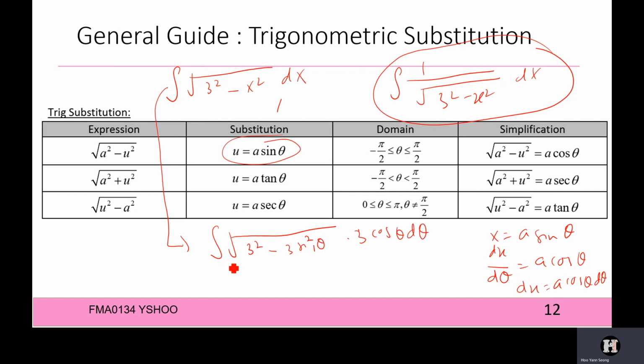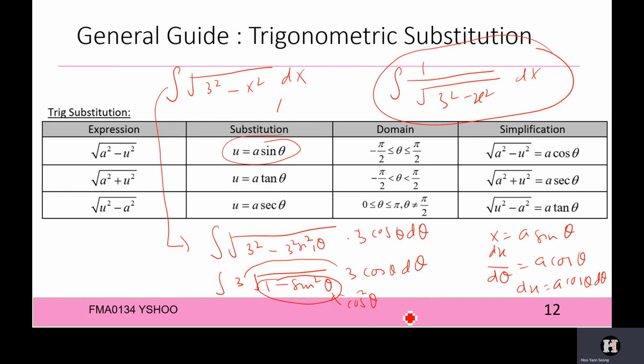Now what happened to this square root? I took out the 3, so I'm going to have my 3. Then inside will become the square root of 1 minus sine² θ, then 3 cos θ dθ. And if you remember, 1 minus sine² θ is actually cos² θ.